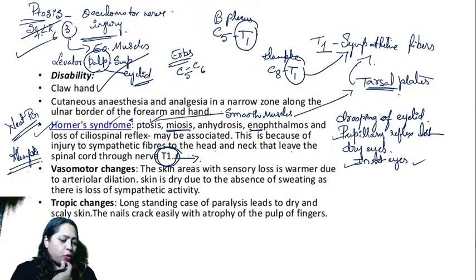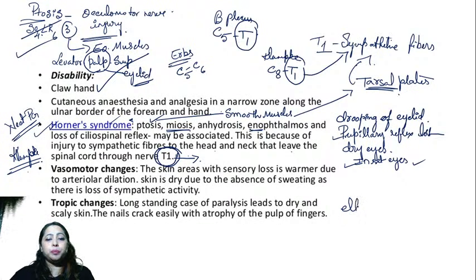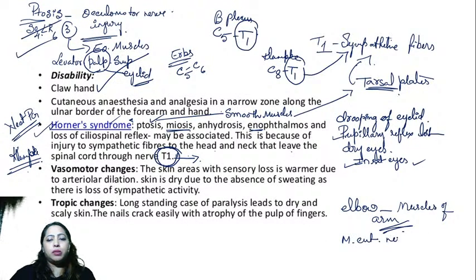And Shahid says pronation at the elbow joint is missing. Yes, elbow is controlled by the muscles of the arm, that is by musculocutaneous supply.